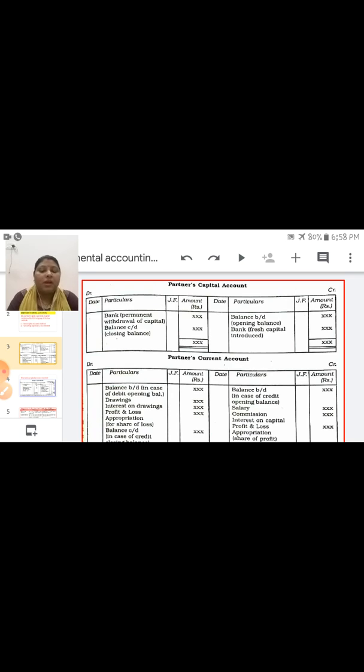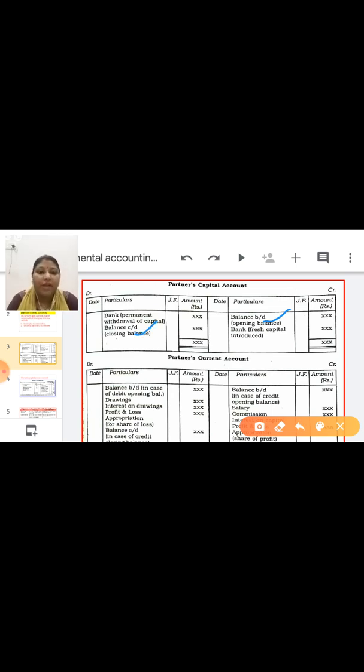In partners capital account, first of all you have to transfer the balance brought down. Balance brought down means opening balance of capital. This you have to transfer to the credit side. And closing balance of capital you have to transfer to the debit side.